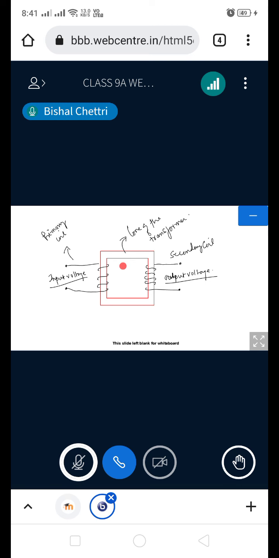Now, I'm not saying which one is a step up transformer, step down transformer. I'll come to it diagrammatically also. First, try to understand the diagram first.